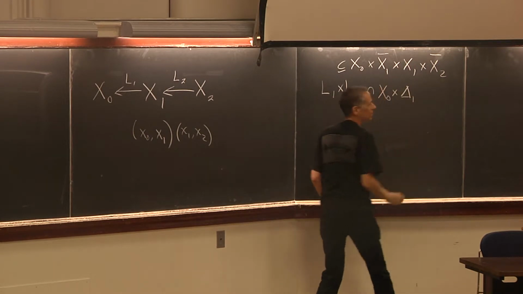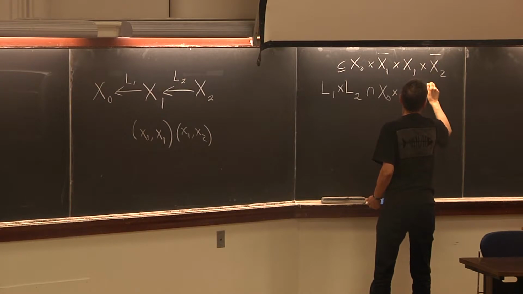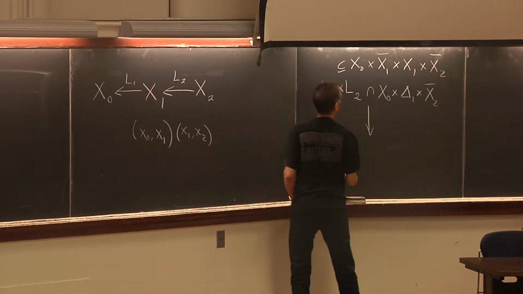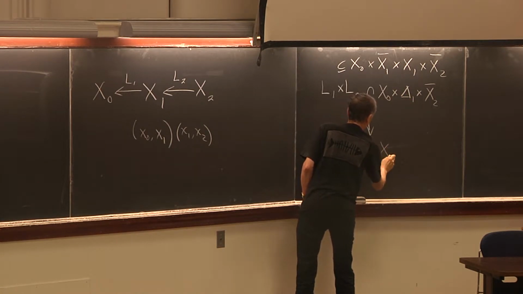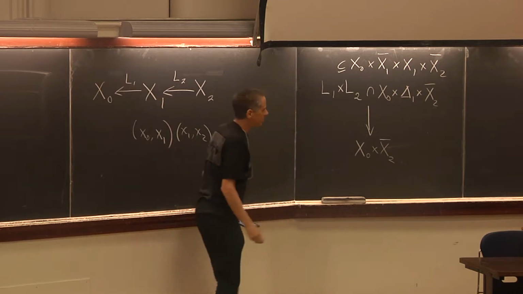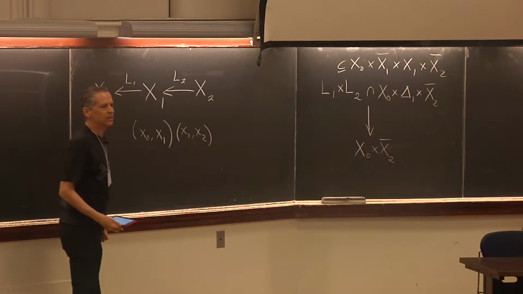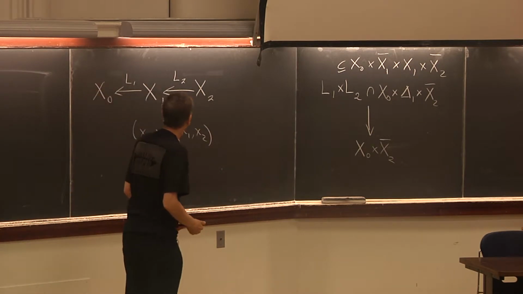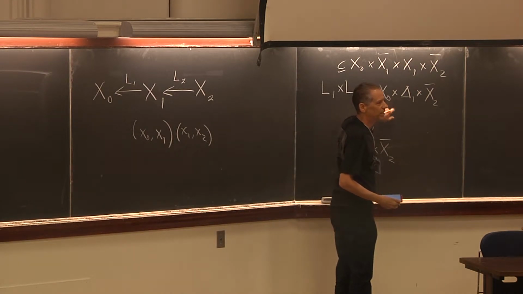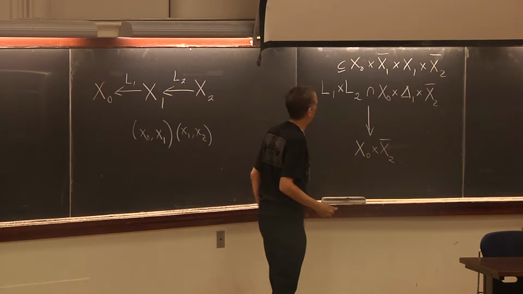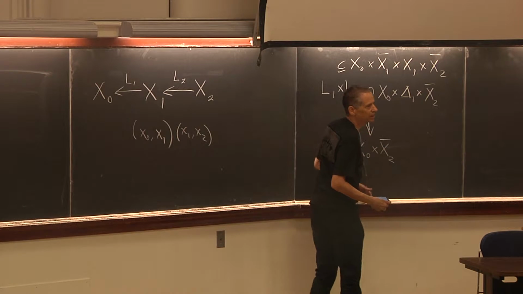I'll write delta 1 for the diagonal in x1 cross x1 bar, and then projecting along this factor into x0 cross x2 bar. Now, if we want to work with, for example, embedded Lagrangian submanifolds here, then two things can go wrong. First of all, this intersection can be a bad object. It might not be a manifold. And even if it is, this projection might have some kind of singularities.